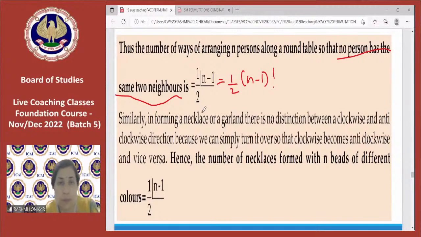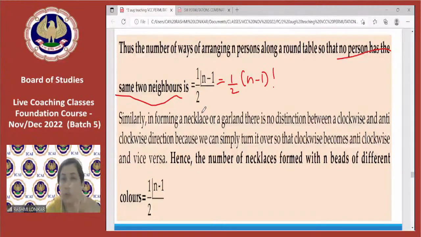Now this is when people are sitting. So people, you are able to identify X from Y, okay? But what happens when you are not able to easily identify? Suppose I take a necklace with beads which are of the same color.